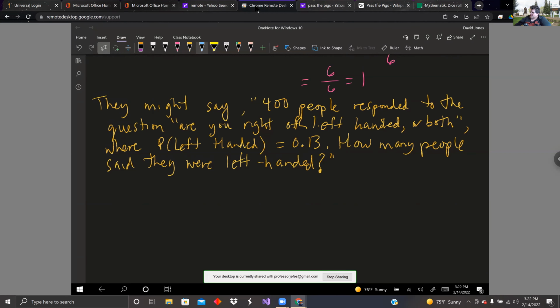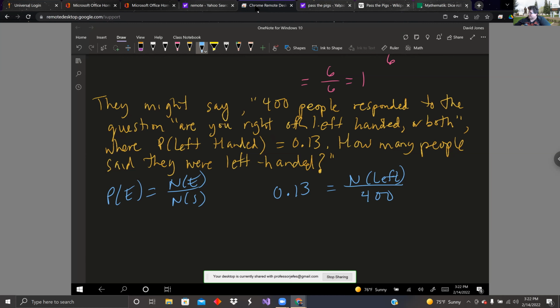This is where we're using that probability of E equals N of E over N of S. I know 0.13 is the probability of left-handed. I don't know the number of left-handed people, but I know the total number of people asked.